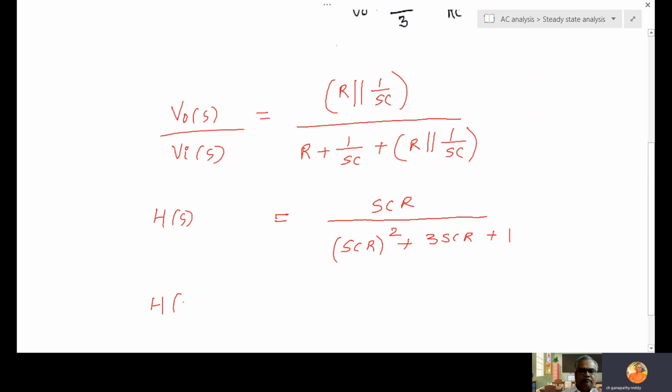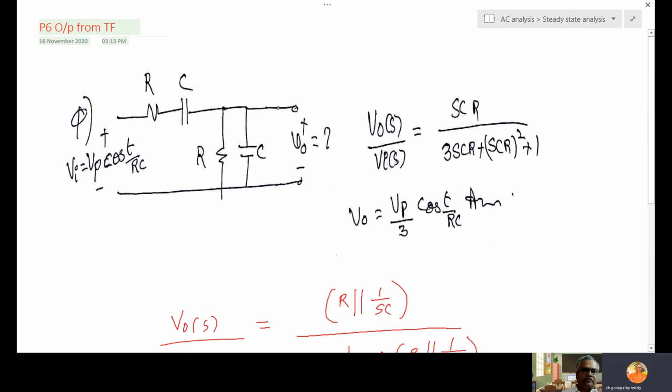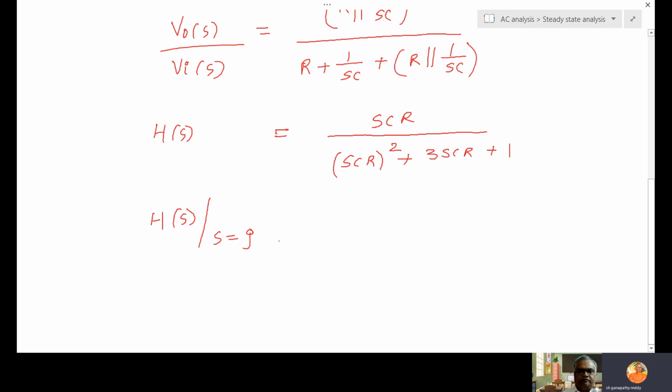Then what is our standard procedure? Simplify H of S at S equal to j omega. What is omega? It depends on the input signal. Cos t by RC, so what is omega? 1 by RC. So S equals j omega, where omega is 1 by RC.